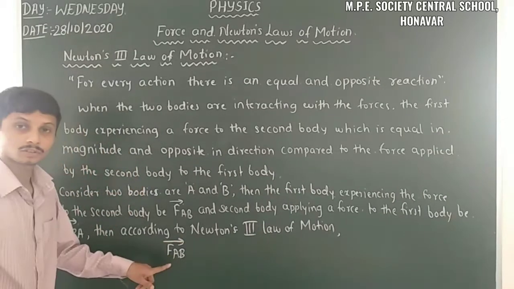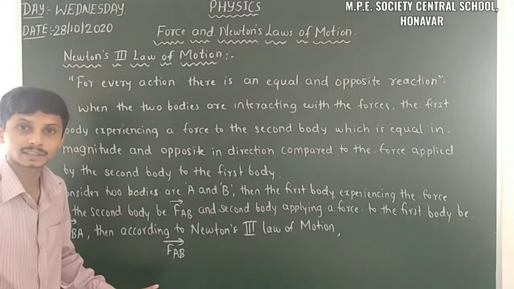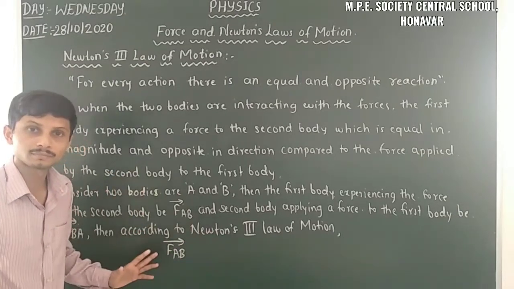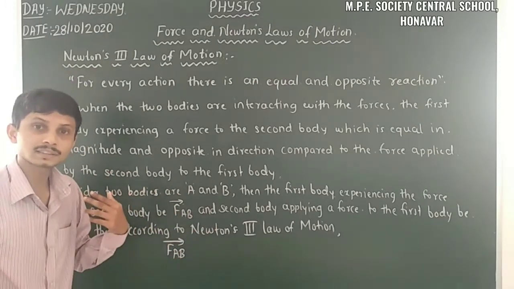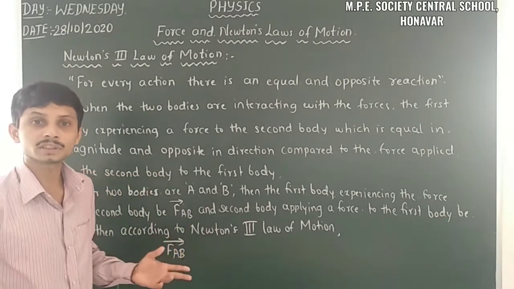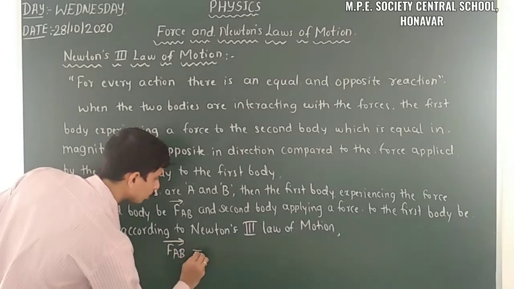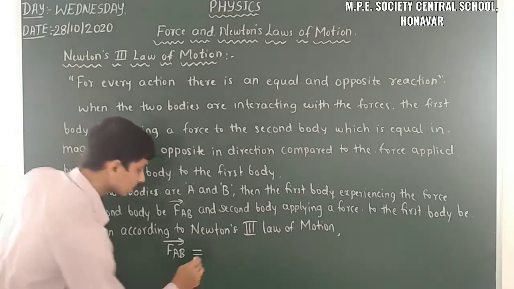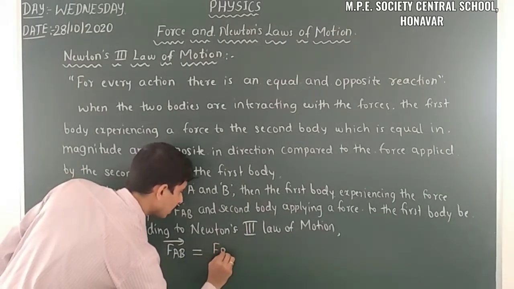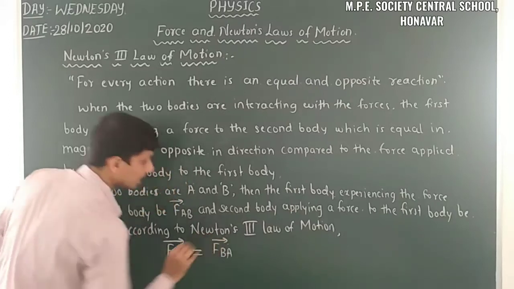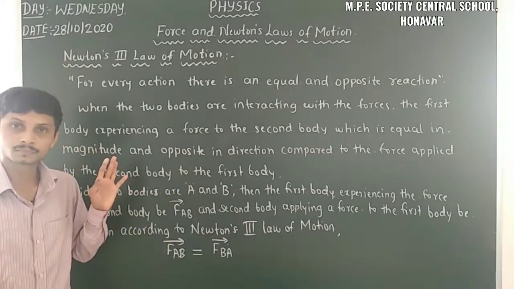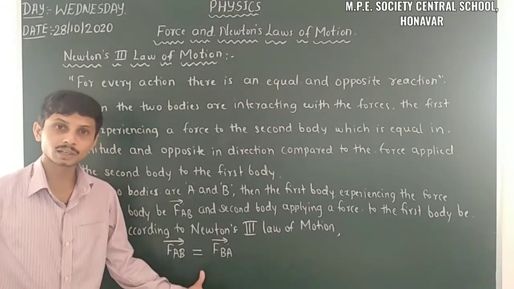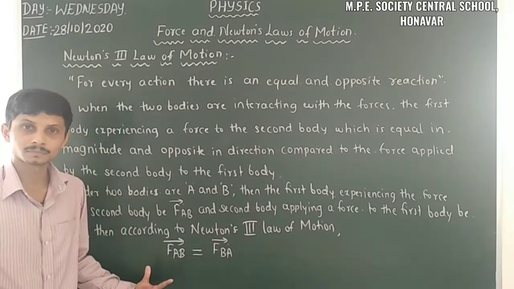Take it with the vector sign, the arrow mark is much needed here because it is direction oriented, and those two forces are equal in magnitude but opposite in direction. Equal in magnitude means both are equal: the magnitude of FAB is equal to the magnitude of FBA, but the directions are opposite.